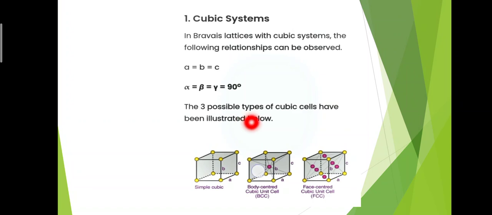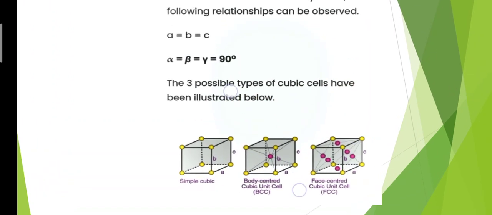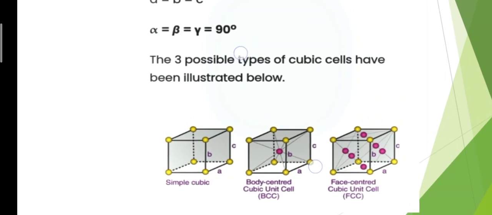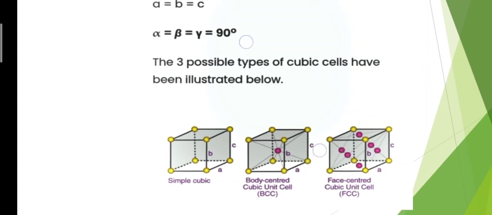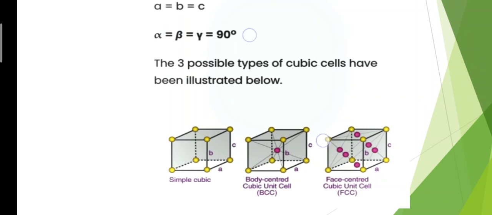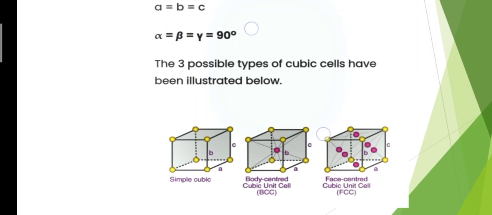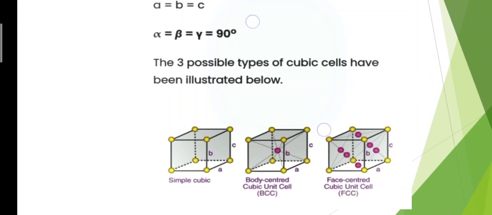The 3 possible types of cubic cells have been illustrated below. Simple cubic, body-centered cubic unit cell and face-centered cubic unit cell.